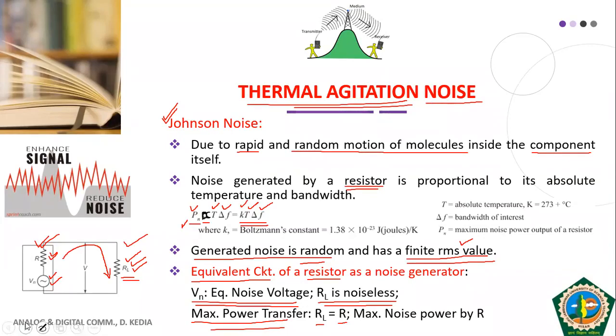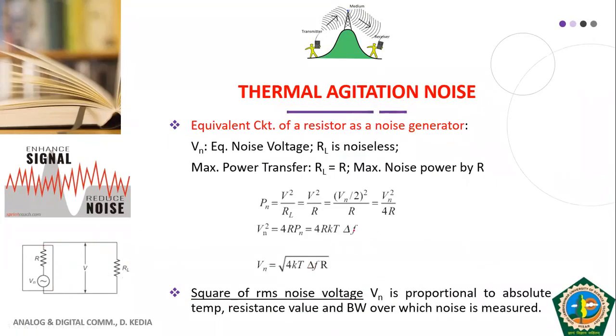Now let us see. As I told you, maximum noise power by R will be transferred to RL. We know that power is equal to V square by RL, where V is the voltage and RL is our load resistance, and because of maximum power transfer your RL is equal to R, so it becomes V square by R. Since R and RL are equal due to maximum power transfer, obviously the voltage V across RL will be half of Vn.